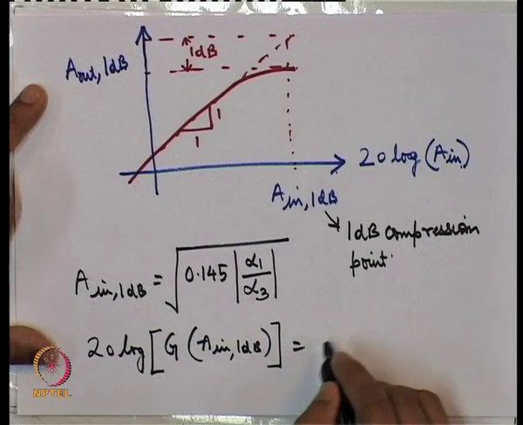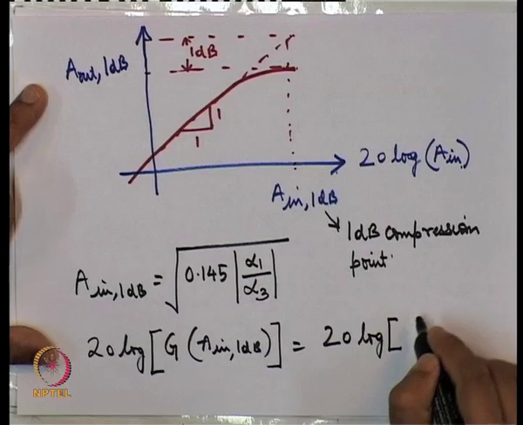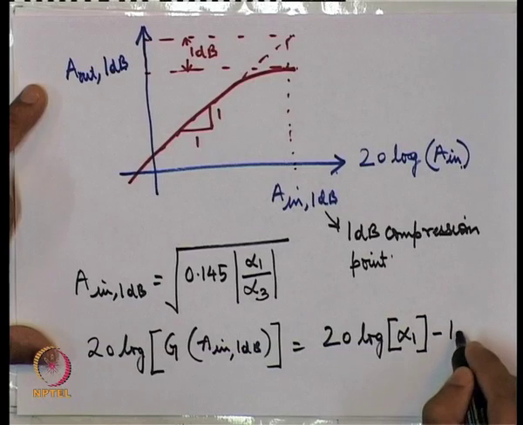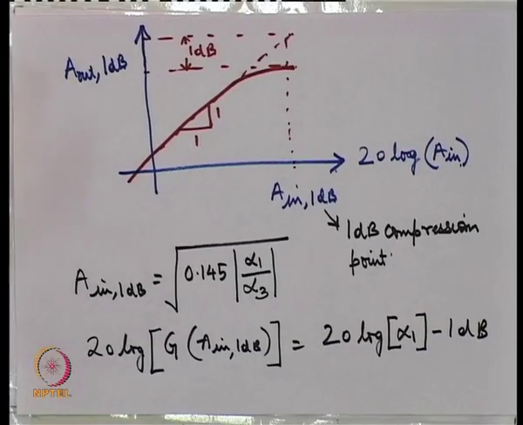At this power level we will have the gain, which should have been, had it been a perfectly linear system, then this would have been the gain, but 1 dB less than this. So, this is one way of characterizing the linearity of a system.